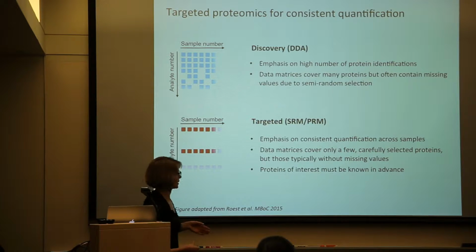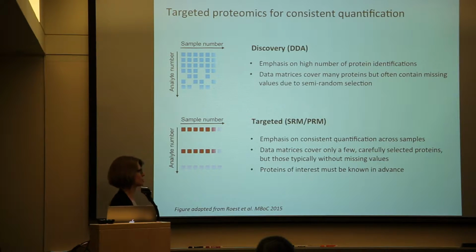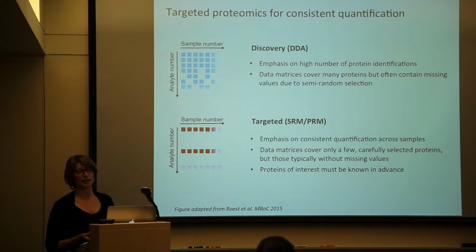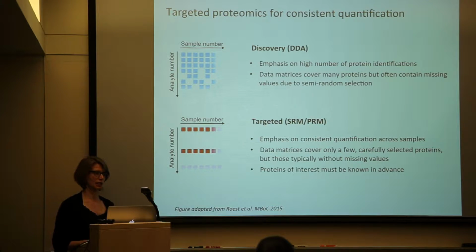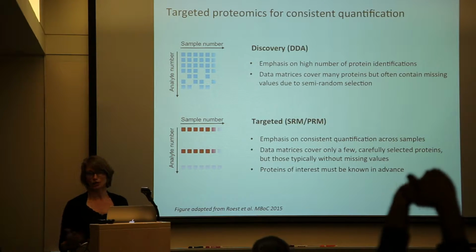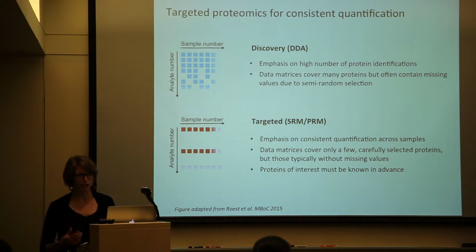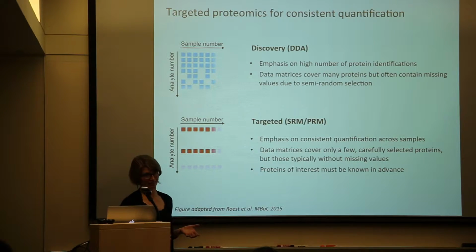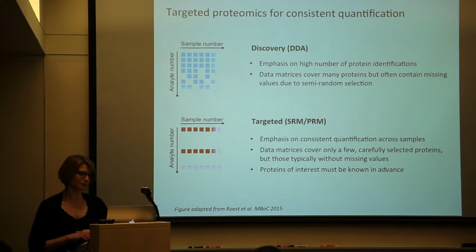The data matrices cover only a few carefully selected proteins, but typically without missing values. This can be a big advantage if you have a set of proteins that you are interested in and want to monitor across a large set of samples, like patient samples, or a large set of knockout conditions. Keep in mind that you have to know the protein of interest in advance for doing that.